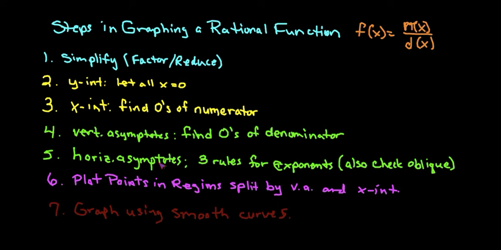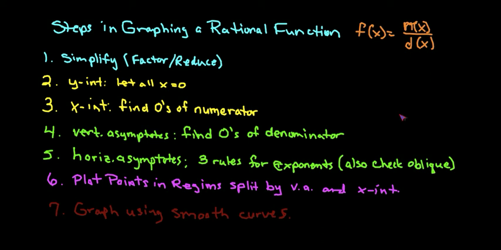Vertical and horizontal asymptotes we just talked about in the last video. For vertical asymptotes, we just have to take the bottom and find the zeros, which again basically turns out to be our domain. And for our horizontal, we had our 3 rules, whether the exponent on top was smaller than bottom, which meant our x-axis itself, or y equals 0, was the horizontal asymptote. If the 2 exponents, top and bottom, were equal to each other, then we just took the 2 lead coefficients and said y equals that, and that would be our horizontal asymptote.